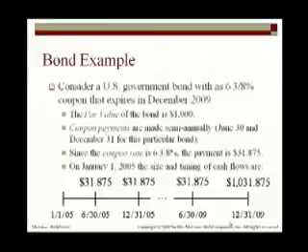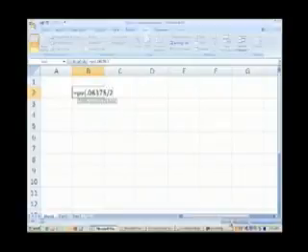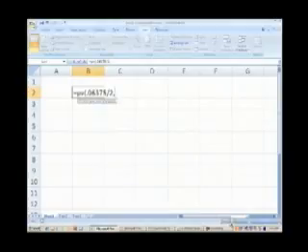Actually, at this point, before I even go any further, I'm going to go to a spreadsheet, and I'm just going to put this stuff in and show you. If we find the present value of the bond, and the rate is 6 3/8 divided by 2, and the number of periods, let's just think about this, from 2005 to 2009, 5 years, times 2 is 10, I believe.